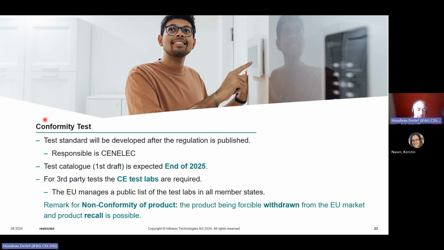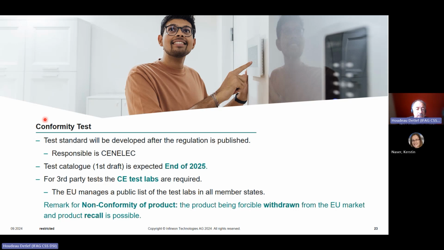And the last part, I think it's also important: if a product does not have the conformity declaration, this product can be forcibly withdrawn from the European market, and products can also be recalled if this is possible from the European Commission's point of view, as written in the text of the Cyber Resilience Act.